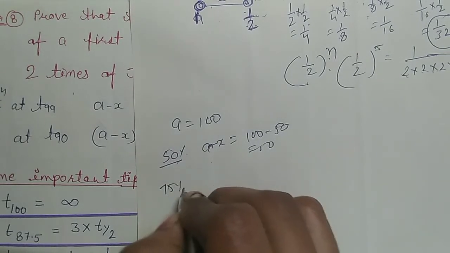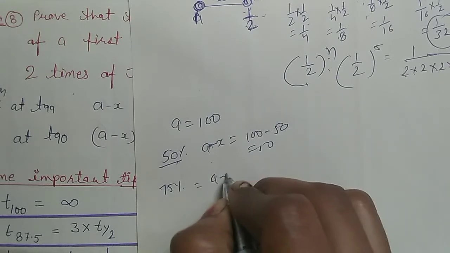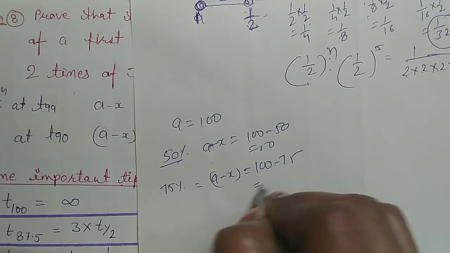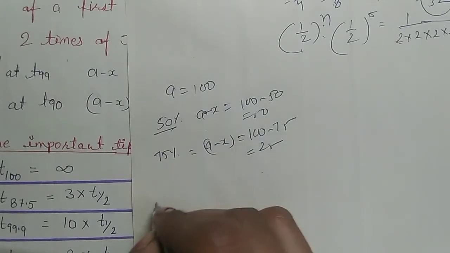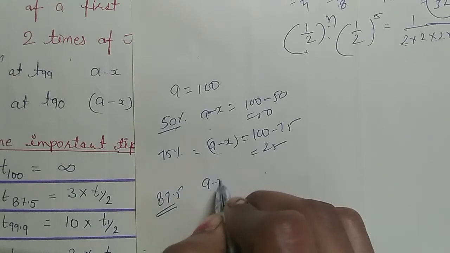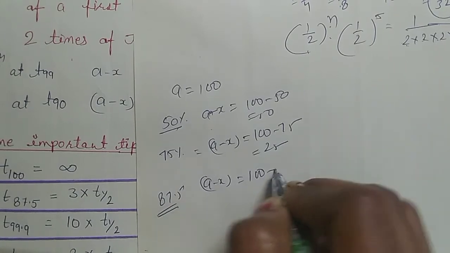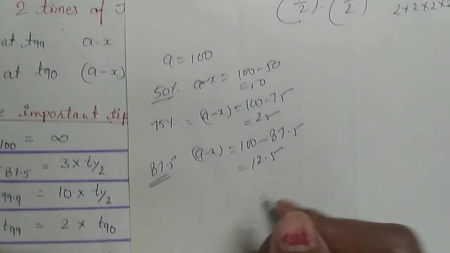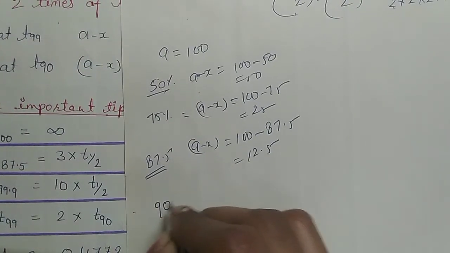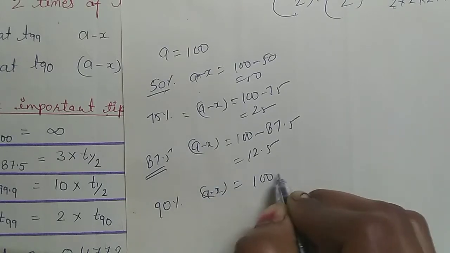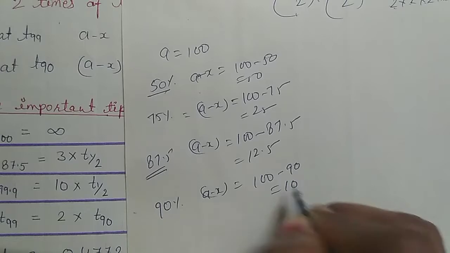If 75% reaction is complete, then A minus X will be 100 minus 75, means 25. If 87.5% is completed, then A minus X will be 100 minus 87.5, means 12.5. If 90% reaction is complete, then A minus X will be 100 minus 90, means 10.